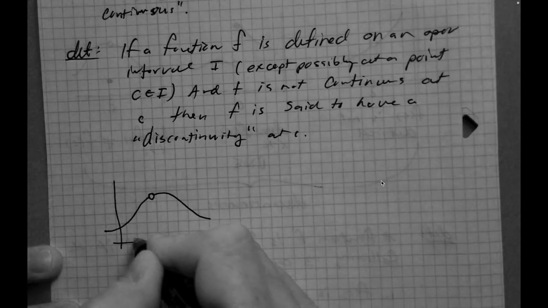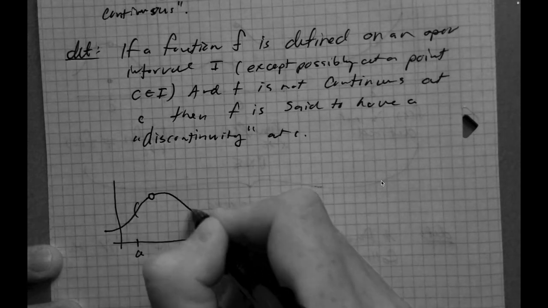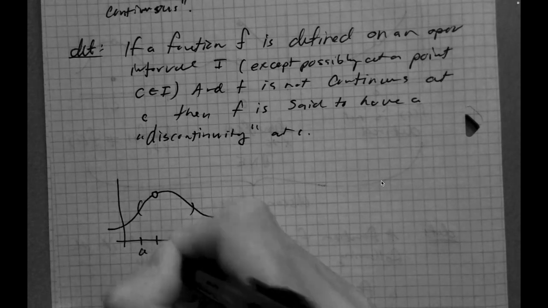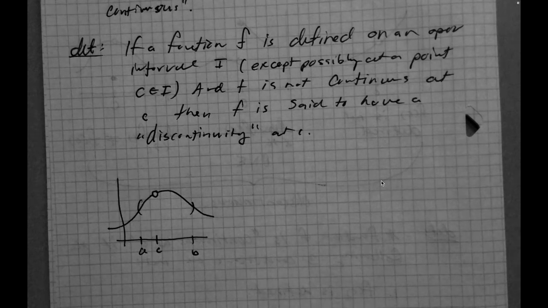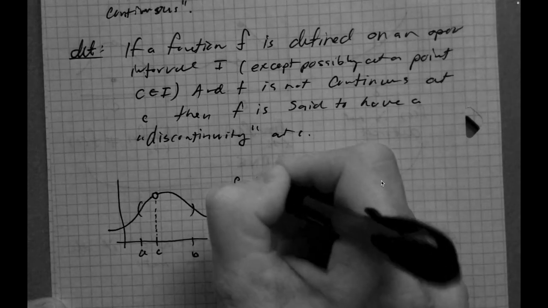If we take this to be a and this to be b, you can imagine that region. The function f is defined on that open interval a to b. Everything in there is defined except at the point c. We see there's a hole at the point c. So f is defined on a to b except at c, and c is a discontinuity.